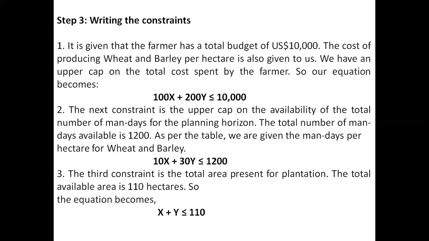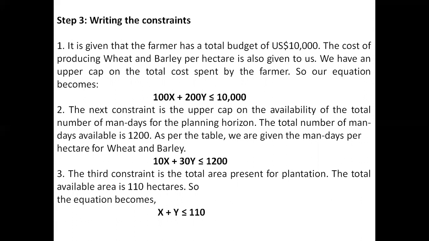Next one, writing the constraints, considering the constraints. It is very clear that the farmer has a total budget of 10,000 US dollars, right? Hence, the cost of producing wheat and barley per hectare is also given to us. We have a cap, the total cost spent by the farmer, given to us.